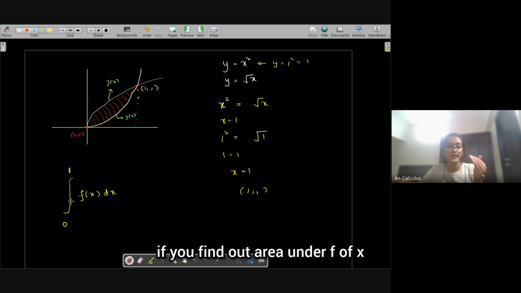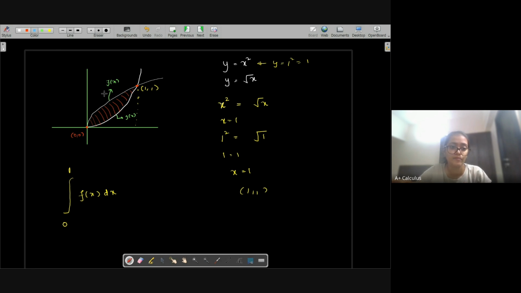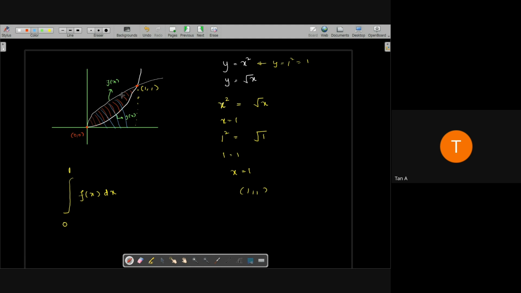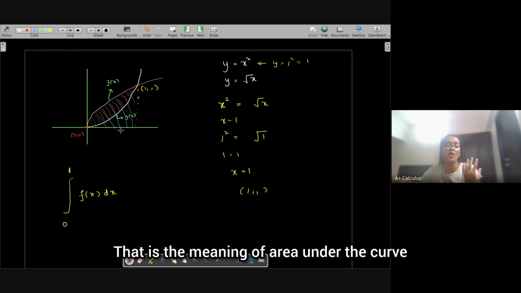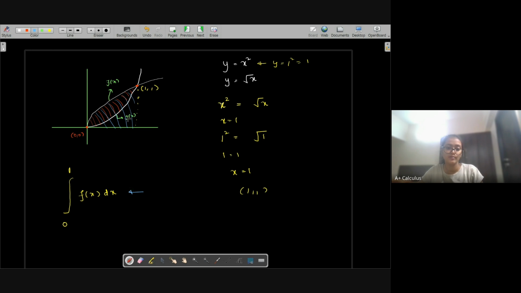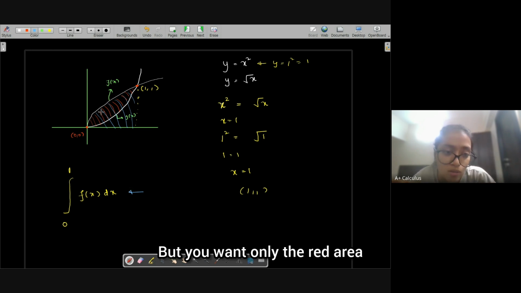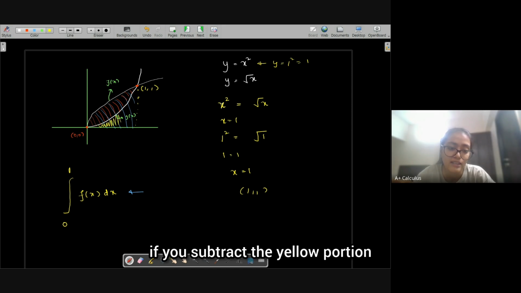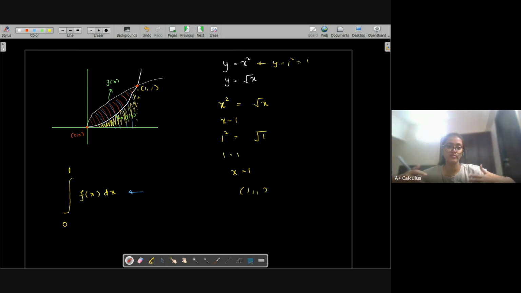If you find the area under f of x, you will get this entire area, right? That is the meaning of area under the curve. But you want only the red area. So from the blue portion, if you subtract the yellow portion, you will get the red portion.